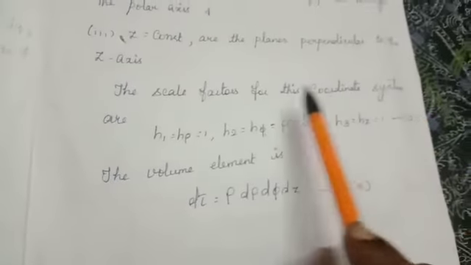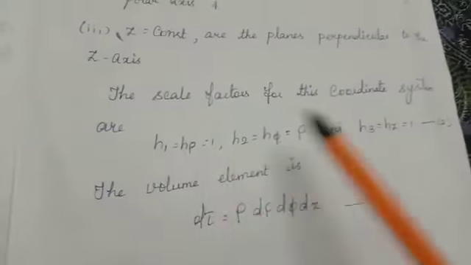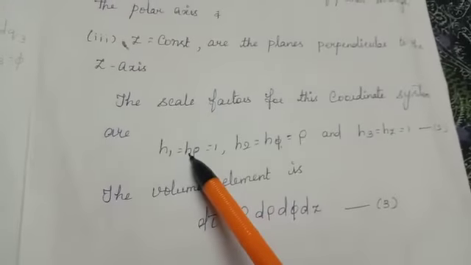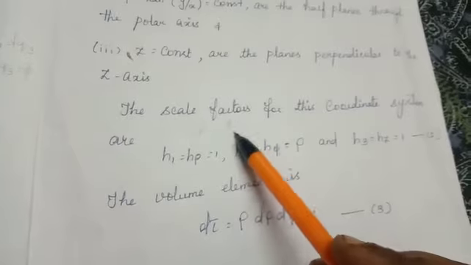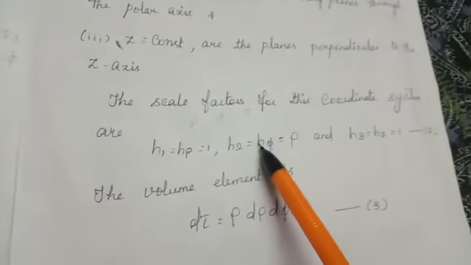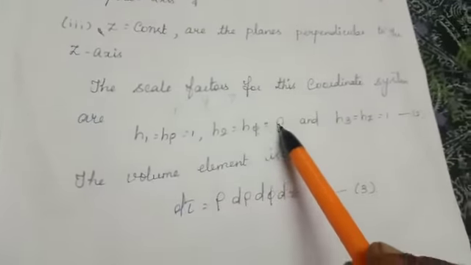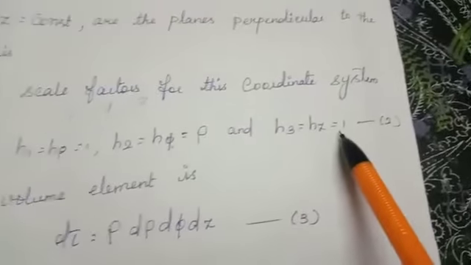The scale factors for the coordinate system are h1, h2, h3. Here the coordinates are rho, phi and z. So h1 equal to h rho, which is equal to 1, h2 equal to h phi, which is equal to rho, and h3 equal to hz, which is equal to 1.